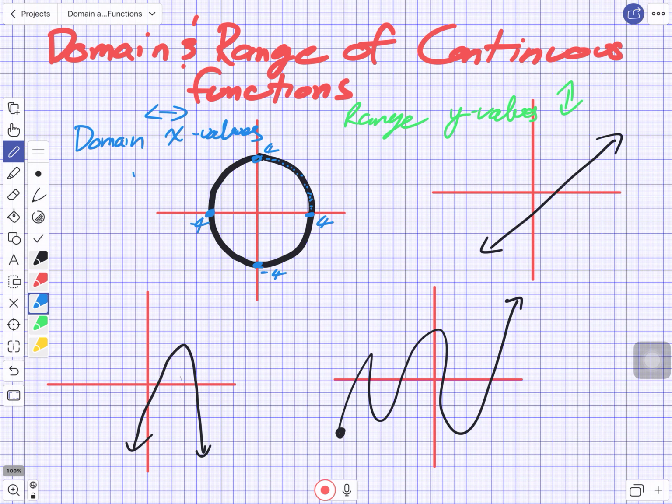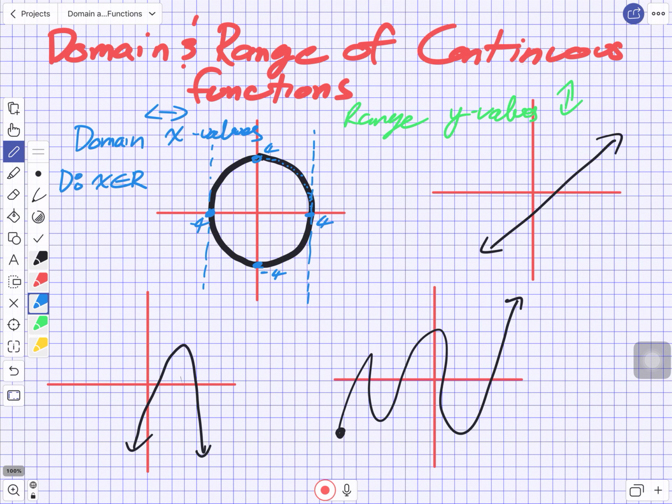What we do instead is we make a statement, okay? So about this domain, I'm going to put D: x is the element of all real numbers, x ∈ R. And what that means is x is absolutely every number that humans know about, except if there are parameters, and there are parameters around this. The circle only goes so far to the right, because we're checking left and right for domain. And the circle only goes so far to the left.